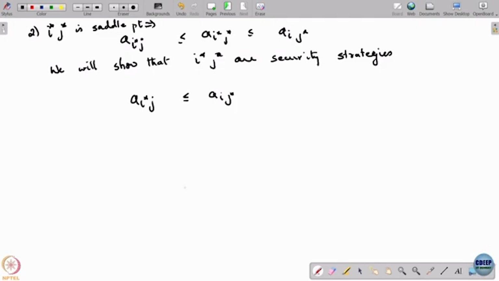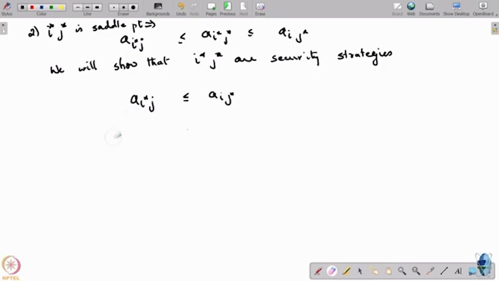But then what is a i j star? That is in turn less than or equal to the max over j of a i j. Maybe I will make it easier: the left hand side is a function of j, while the right hand side does not have j, it has only j star.